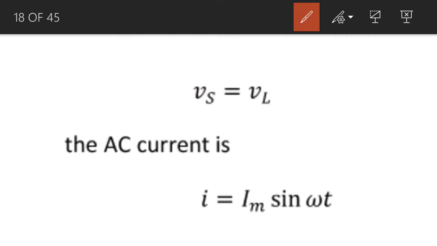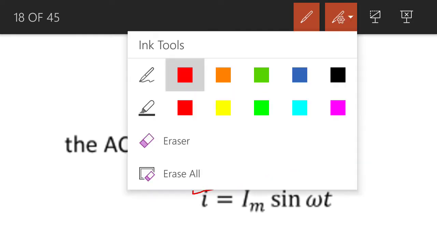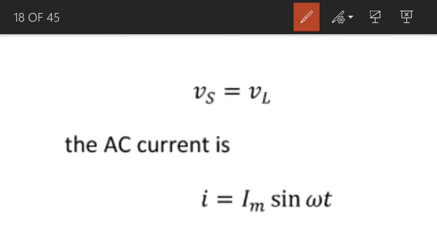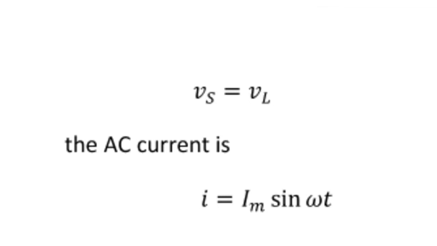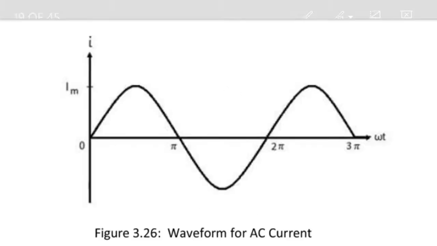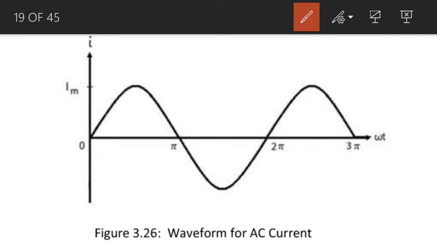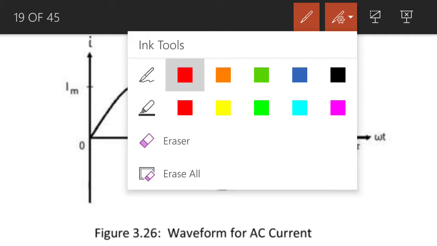So we can consider the waveform for the AC current. Here is the waveform for the AC current. We know that the magnitude as well as the direction of the AC current change with respect to time.